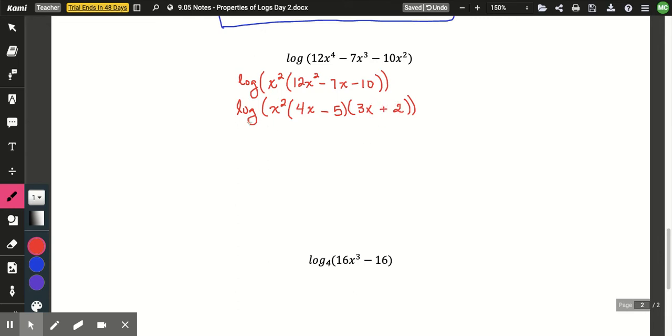All right, so now I have a log of a product. So now I can use the product property. So I'd say log of the first factor, log of x squared, and plus log of the second factor, so log of 4x minus 5, and then plus log of the third factor, which is 3x plus 2.